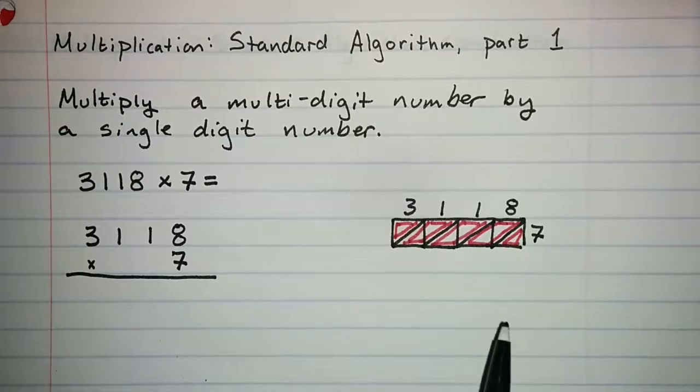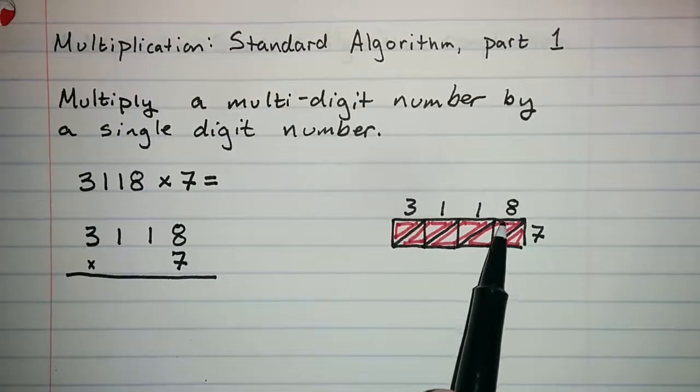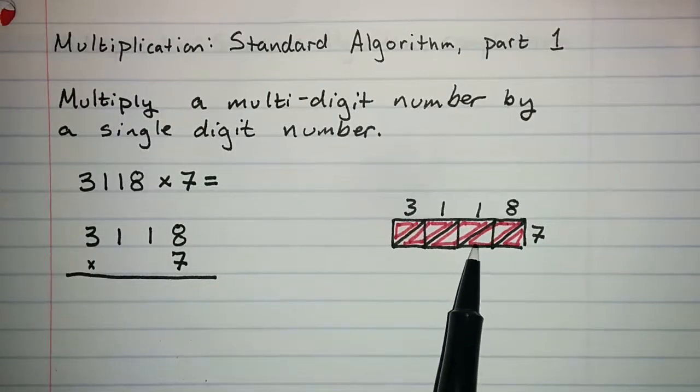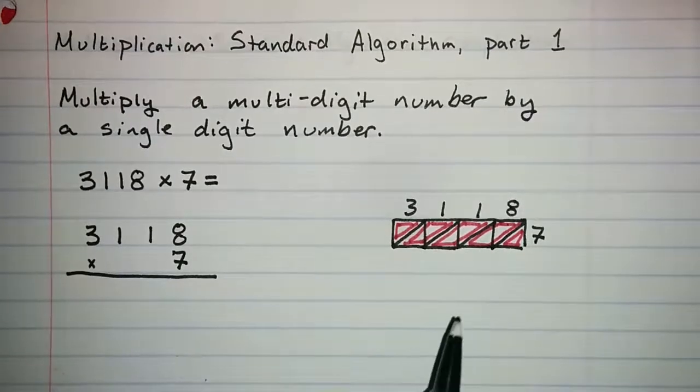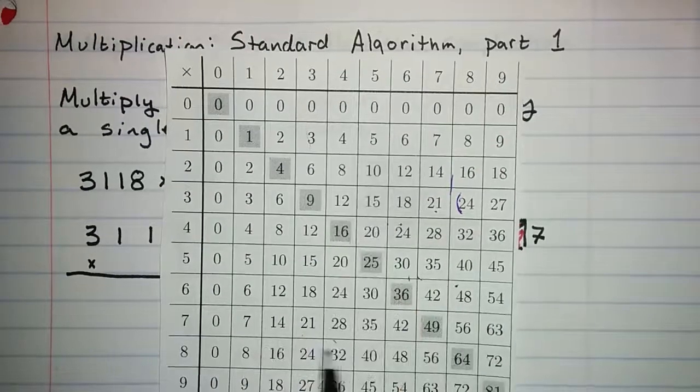And the 2 entries are the digit with the larger place value from the previous place and the digit with the lower place value from this place. So when we first multiply 7 times 8, 7 times 8 is 56.